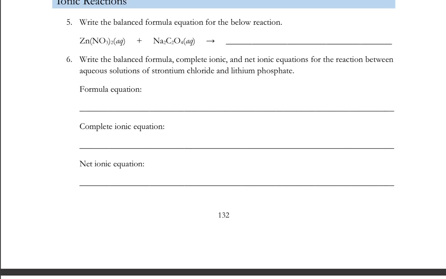You will then balance the reaction and indicate aqueous, of course, for the reactants because we're told we're starting with aqueous solutions. And then write out the complete ionic equation, kind of like the beaker representation, and then cancel out any ions that appear the same on both sides and write out the net ionic equation. Don't forget all the aqueous and solid notation needed. In the net ionic equation, you're going to show charges of the reactants because you are leaving off their counter ion.